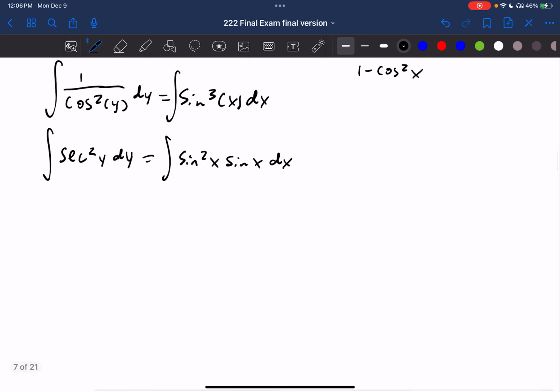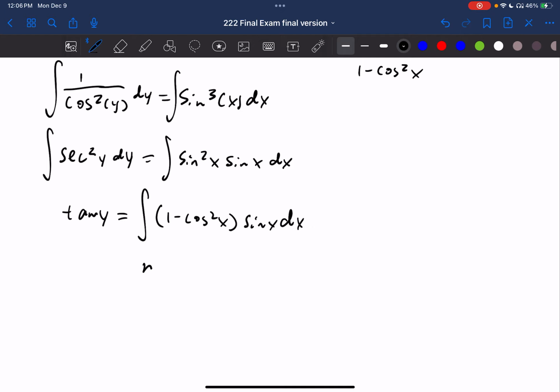So the left side is really easy. The integral of secant squared y is just going to be tangent y. Tangent y will be equal to, we can rewrite this as 1 minus cosine squared x sine x dx.